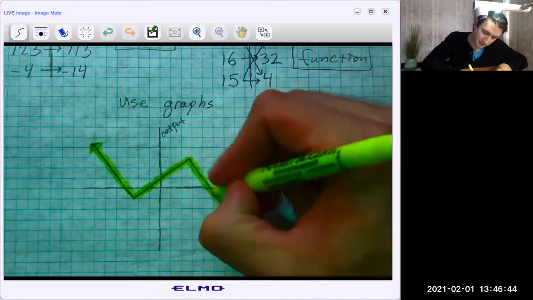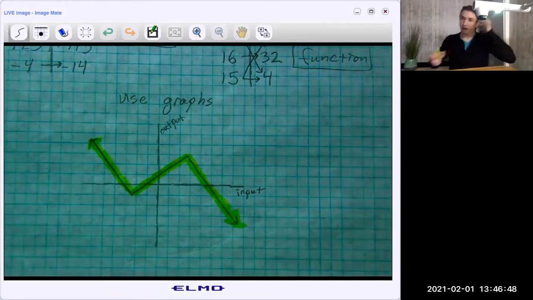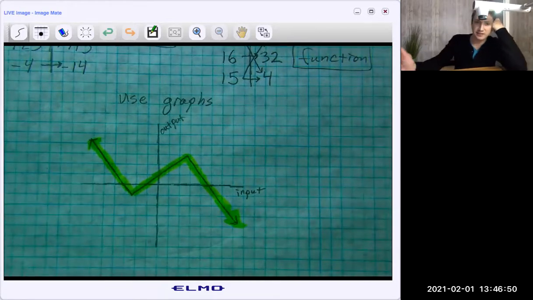Something's going on with these numbers. The question would be, is this a function? So how could we figure out if this is a function or not? What do you think you'd want to do? What would you be wondering? Or what do you notice?